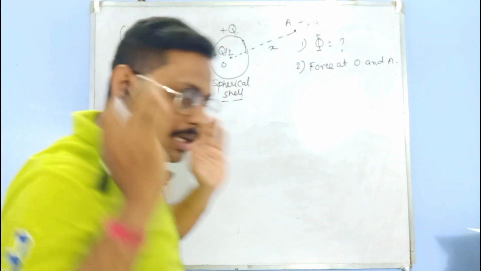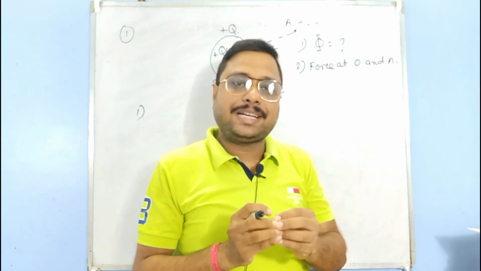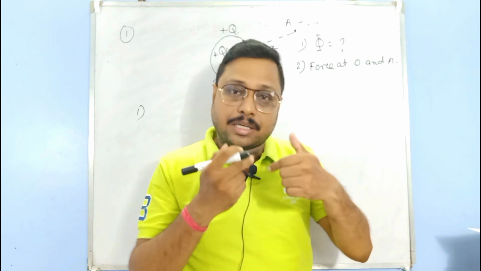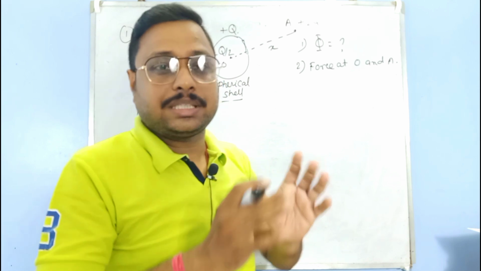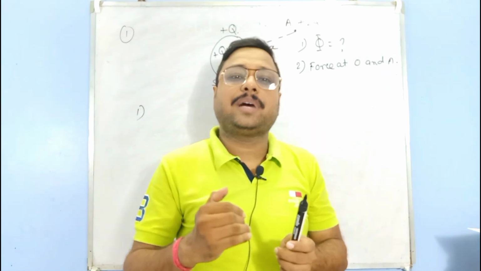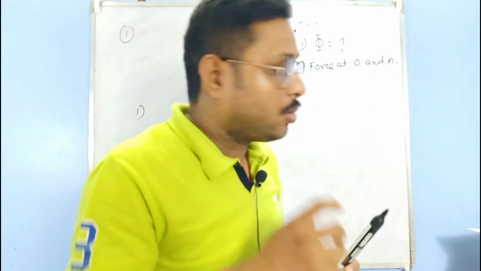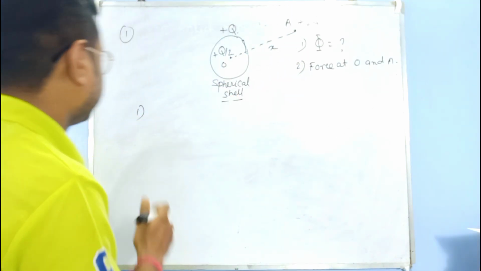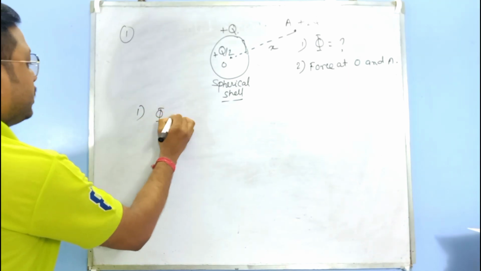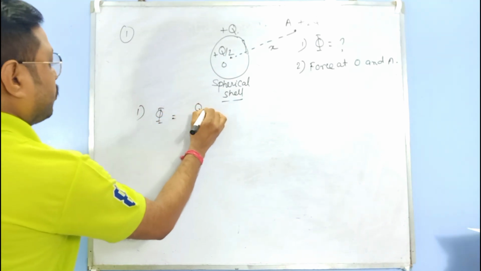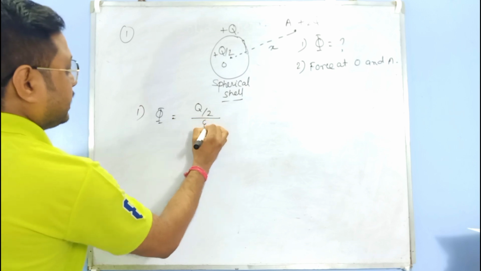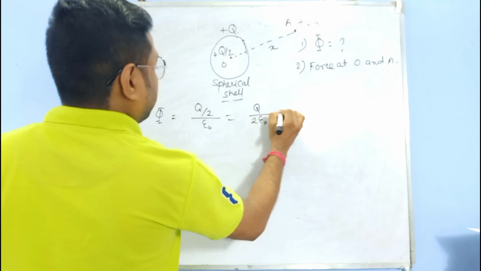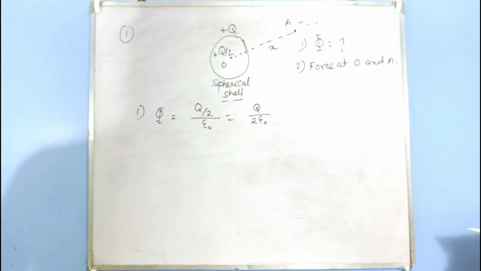Gauss law states that total flux equals the total charge enclosed by the surface divided by epsilon naught. Here q and 2q are not enclosed, but q by 2 is enclosed. So total flux phi equals q by 2 divided by epsilon naught, or q by twice epsilon naught. This is the number one answer.